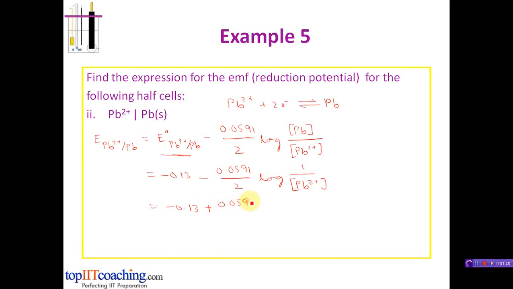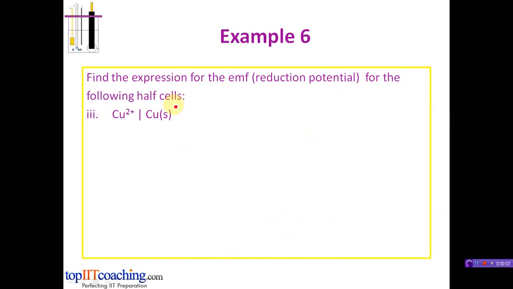This can be written as minus 0.13 plus 0.0591 divided by 2 log Pb2 plus. This is the expression for the given half cell.